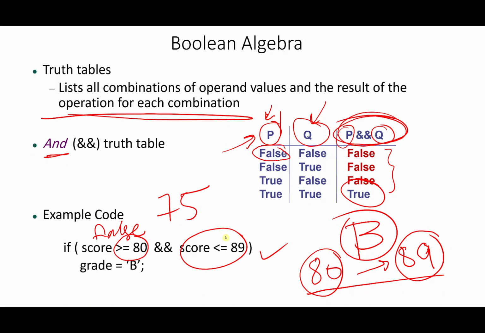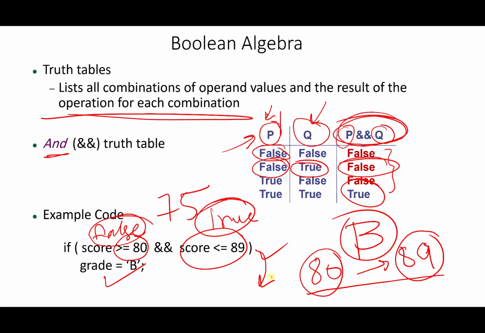Yes, it is less than or equal to 89. So that is true. So false and true gives you false. So I do not give you a B. Remember, false means skip the true block, right? So I skip that. I don't give you a B.